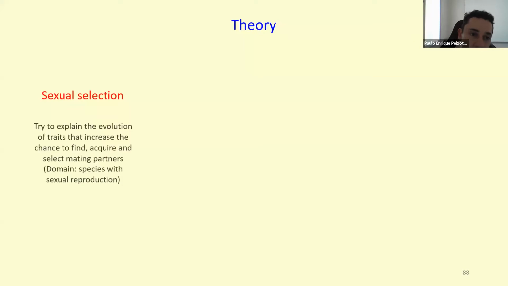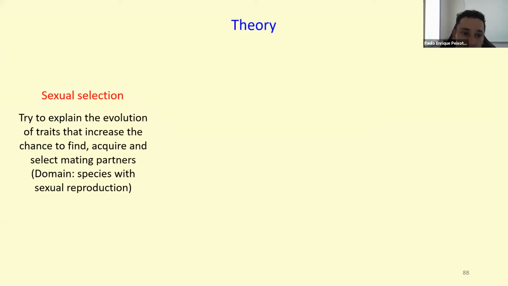And basically, sexual selection tries to explain the evolution of traits that increase the chance to find, acquire, and select mating partners. And I may also define a domain for this. For every species that has sexual reproduction, I may use the theory of sexual selection to explain some phenomena, some patterns in species with sexual reproduction, okay?